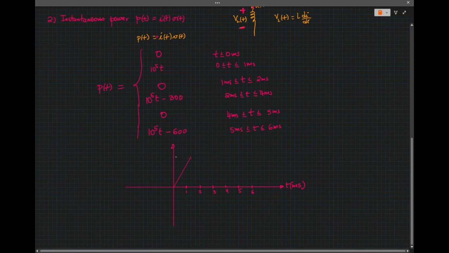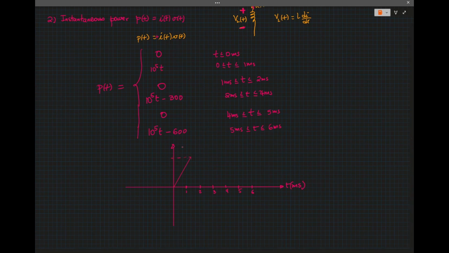So what is this value? It's 10 to the 5 times 1 millisecond, 10 to the -3, so that's 100. So this point is 100, and the slope is 10 to the 5. Then it drops down to, let me see, this is not sketched properly, so there.